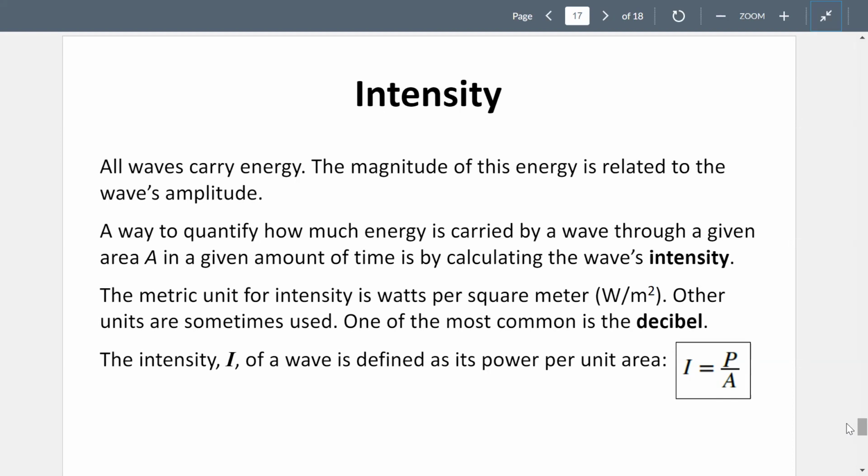Power per unit area is how we measure intensity. In the metric system, we would have watts per meter squared as a measure of intensity. Watts for power, meter squared for area. Okay, intensity.